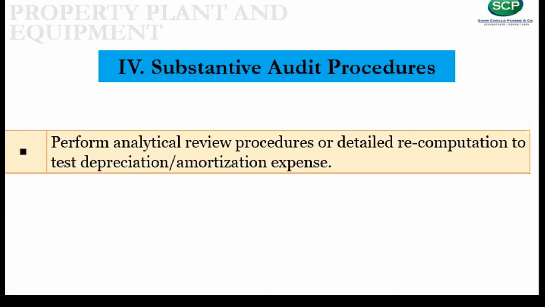For depreciation, we typically perform analytical review procedures or recomputations to determine the reasonableness of depreciation expense for the year under review. An analytical review procedure, which involves comparing data, is an important activity since it can uncover errors or misstatements in the account.